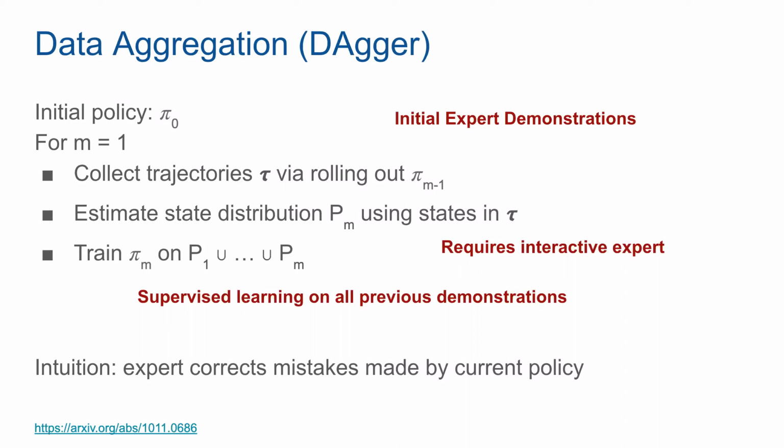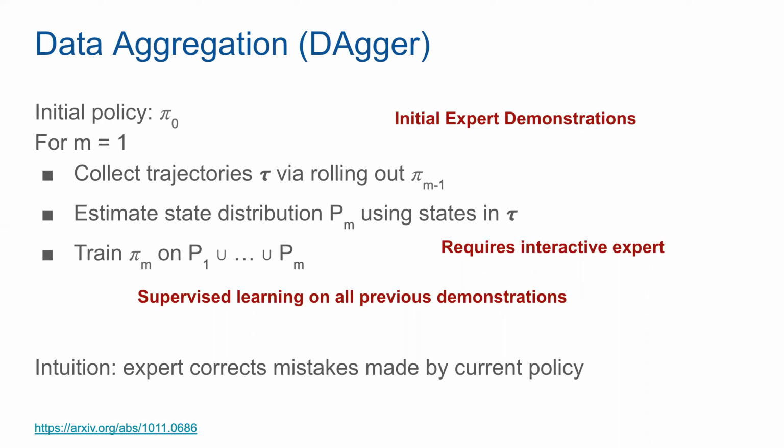And the reason why this algorithm is called dataset aggregation is that it's trained on the union of all the previous demonstrations. So basically at every iteration of this problem, we roll out the current policy. We get a bunch of trajectories. We ask the expert to annotate the trajectories for every state in that trajectory, what the expert would have done in that state, what the optimal action according to the expert would be.